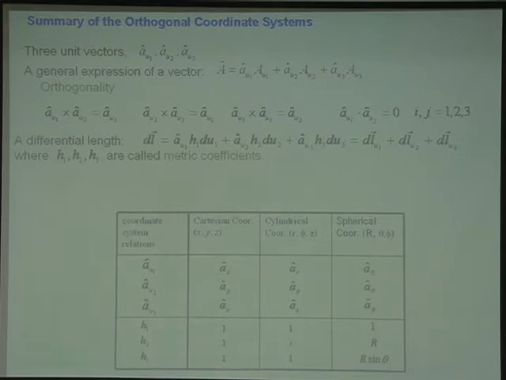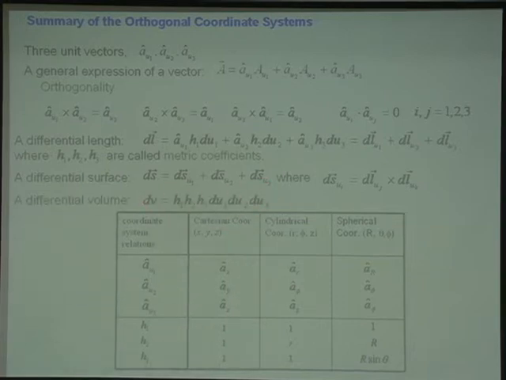OK，那有了这个之后，每一个小面积基本上就是两个小线段的 cross product。然后小体积就是面跟小长度的 dot product。Okay, give you this result.